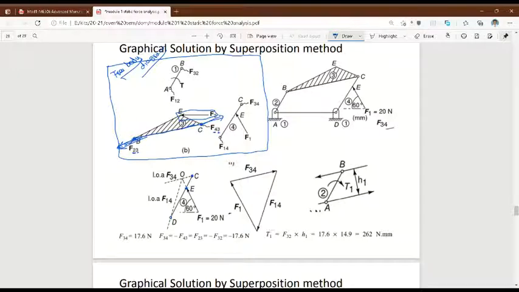Here we have one force, and if you extend it, it will go like this. We know that the lines of action for all the forces should meet at one point. We will draw the F34 parallel line.